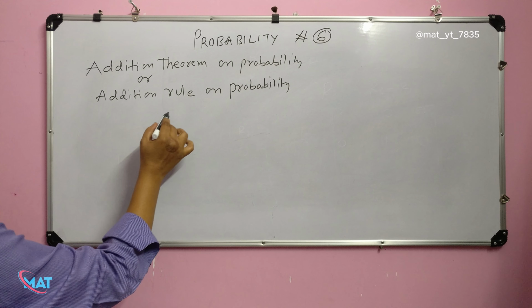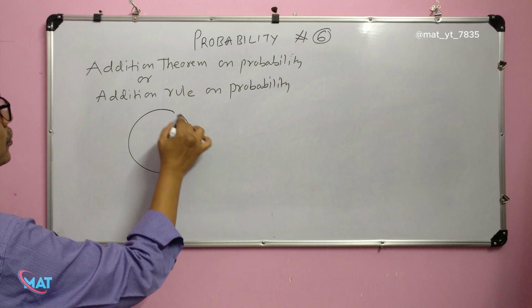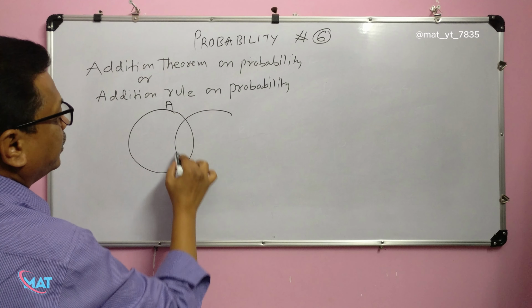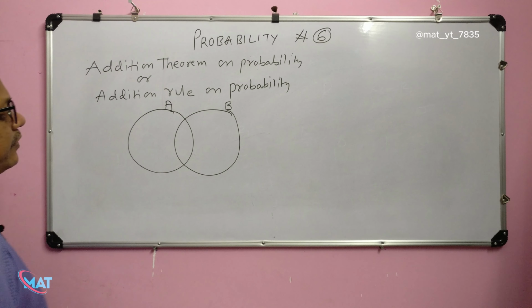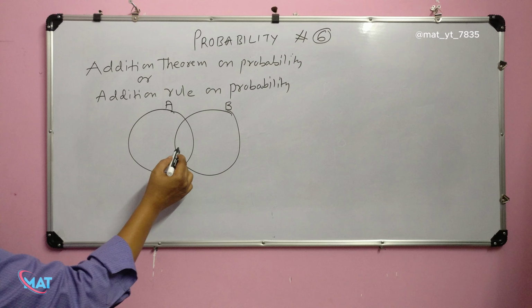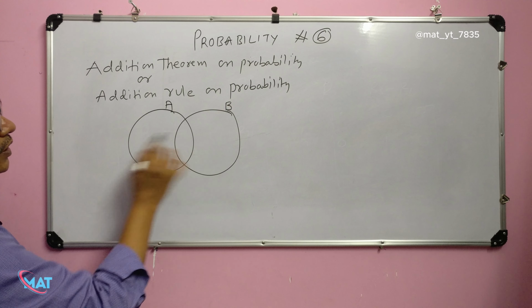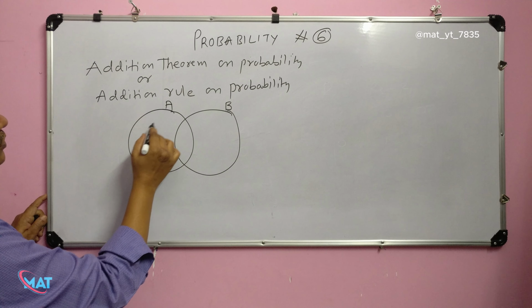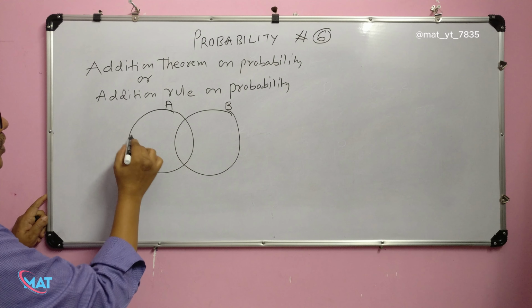So let us take two events of your choice, A and B. They are joint events because a common portion is there, so some outcomes will be common between A and B. Let us take a few outcomes in A and B as follows.